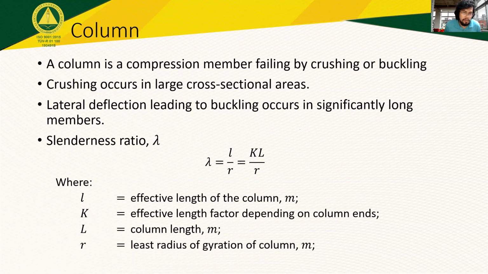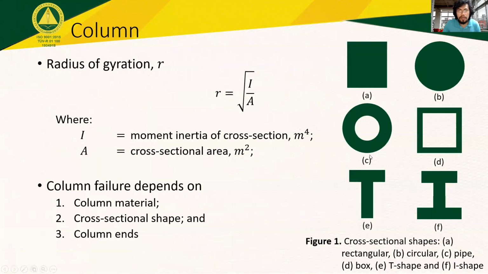is a value determined using the moment of inertia, and r is the radius of gyration, and it's equal to the square root of I over A. And the I would depend on the cross-section of the column. Figure 1 shows the different cross-sectional shapes that are being used in the design and construction of columns. Now, A is the cross-sectional area.